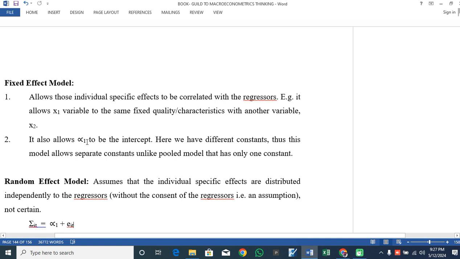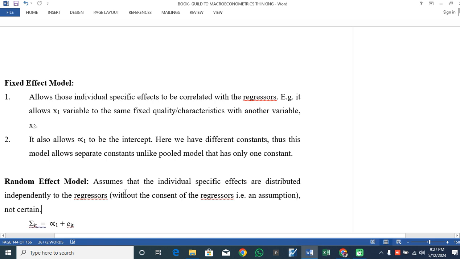It also allows alpha 1 to be the intercept. Here we have different constants, thus this model allows separate constants, unlike the pool model that has only one constant. So basically in the fixed effects model, we have more than one constant, whereas in the pool model we had only one constant, alpha 0.